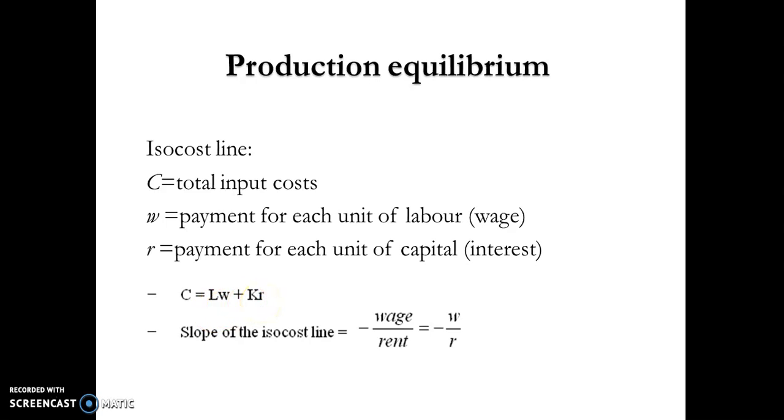Now, if we were to rearrange it as a straight line, you would see that the slope is negative, and the slope of the isocost line is given by the ratio of the input prices, namely the wage rate divided by the rental rate of capital. The isocost line also gives us all the combinations of labor and capital which can be obtained for a particular cost C. So this is the information contained in your isocost line.